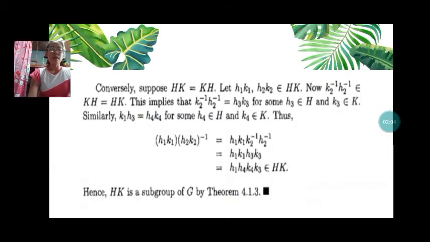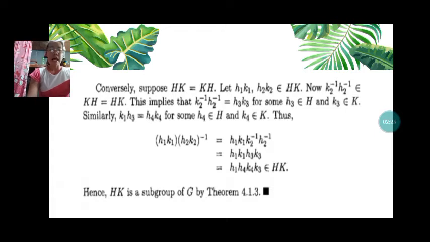Conversely, suppose HK is equal to KH. Let h sub 1 k sub 1, h sub 2 k sub 2 be elements of HK. Now, k sub 2 inverse h sub 2 inverse is an element of KH, which is equal to HK.